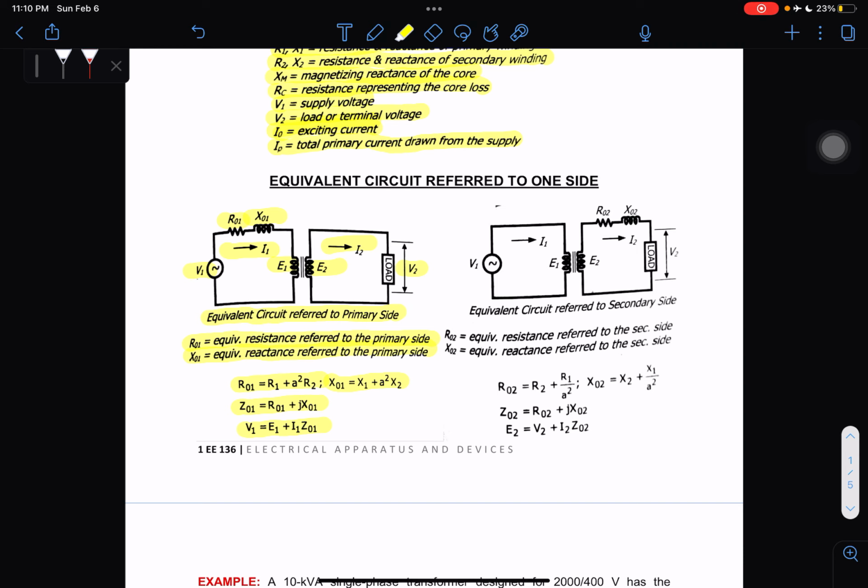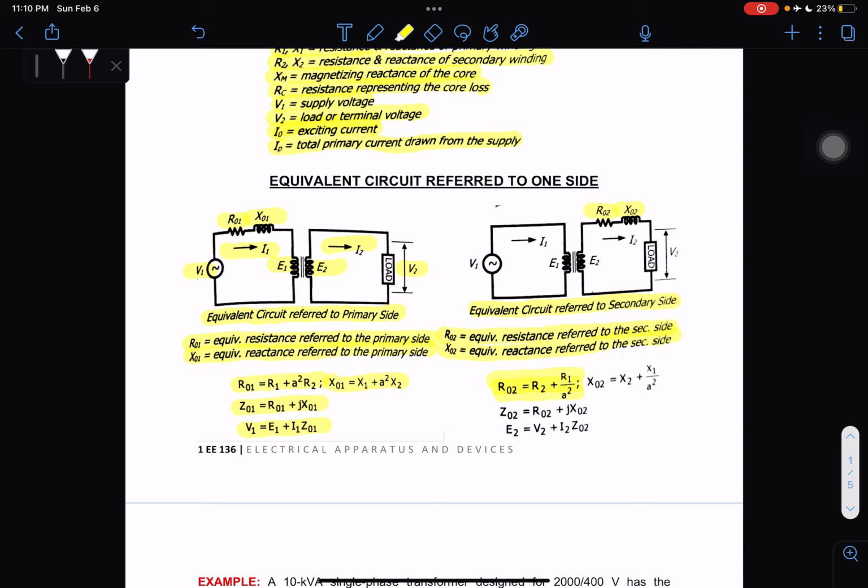So same for our secondary side. On our right side, we have the same given, R02 and X02, the resistance and reactance of the secondary side. And for the formula, theirs is different. Let's see here.